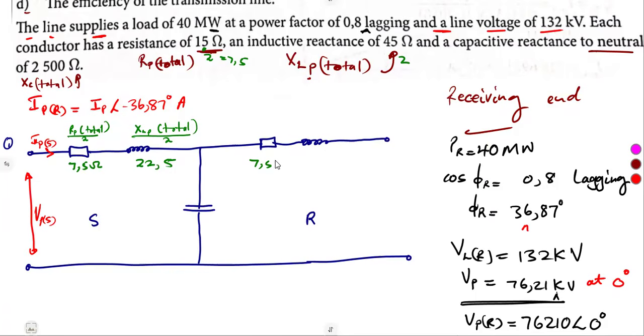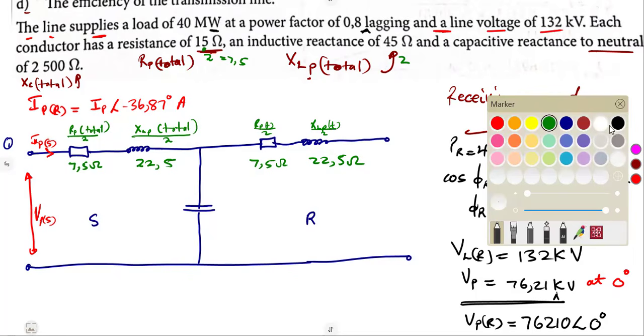So this is 7.5 ohms and this is 22.5 ohms, so that when you combine, you get back the 15, and you get back the 45. This is the same presentation that we are given here, guys. RP total over 2, this is the reactance total over 2. Then the capacitive part, which is taken between the points.